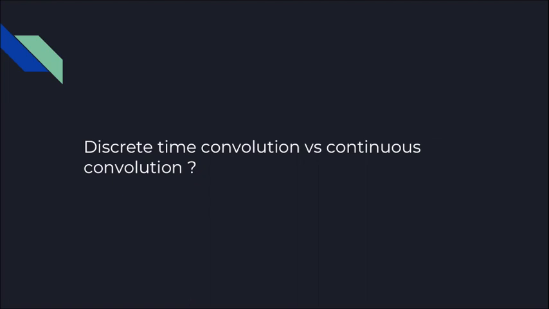But on the other side, we can see some very clear differences. The most clear one would be the mathematical notation for convolution in discrete time and continuous time.